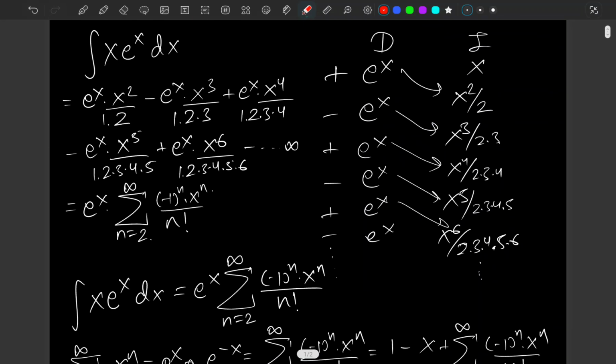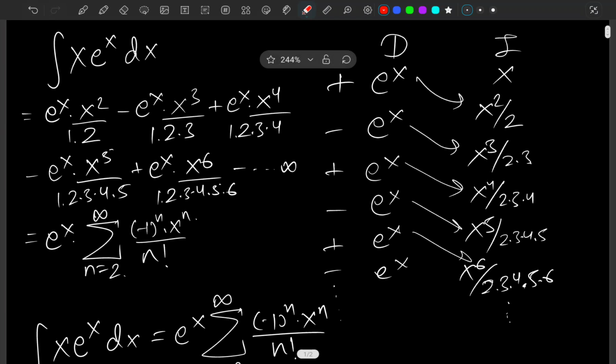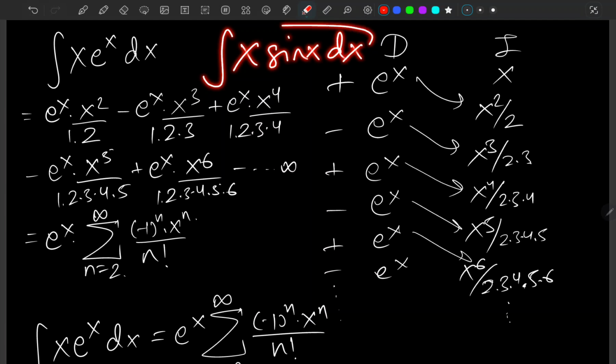So here I have written that down earlier. Let me tell you something. Actually, I was wondering about an integral like x times sine of x dx. We always have to take the derivative of x. But I thought, why would I take the derivative of x?